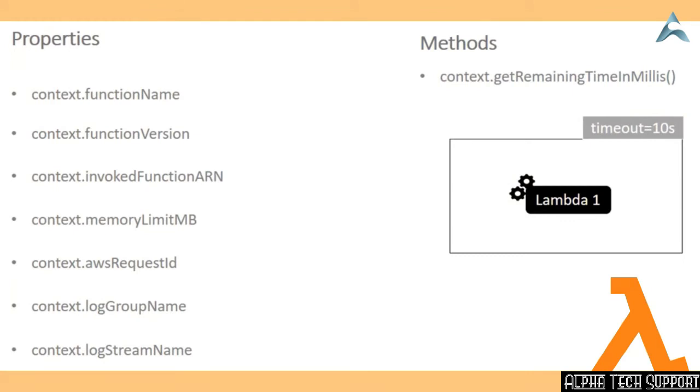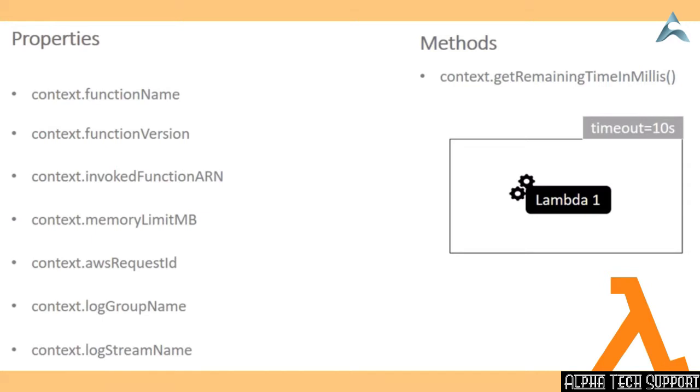As you can see here, there are some properties and methods for this context object. Using this context object, we can check the function name, check the function version, and get the invoked function ARN. As we know, a single AWS Lambda function can have various versions like version 1, version 2, version 3, and so on.